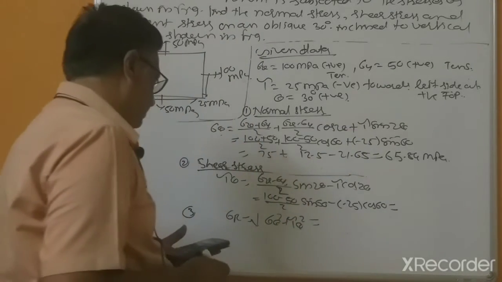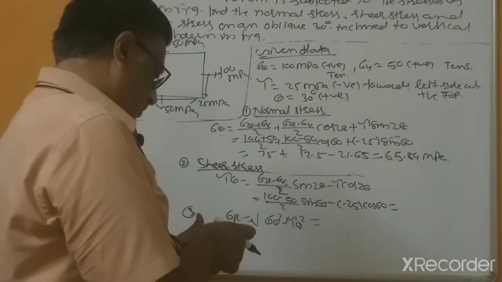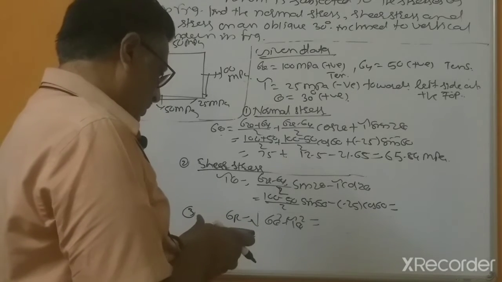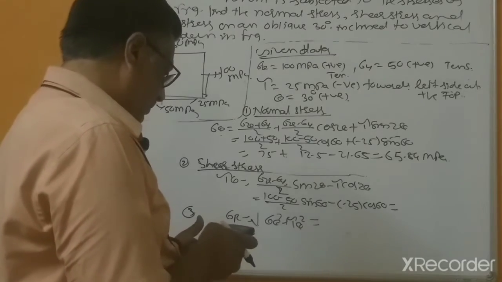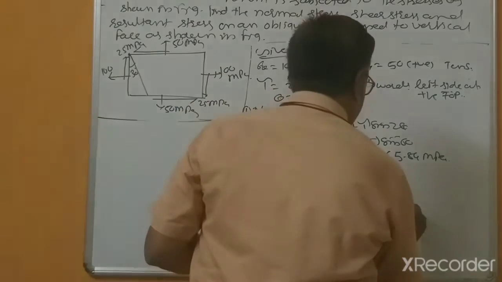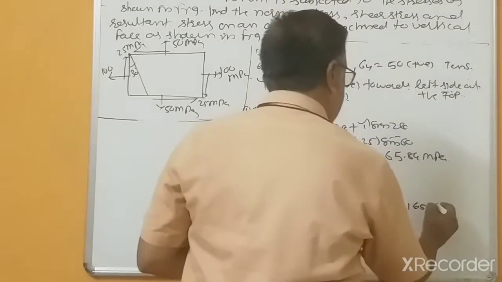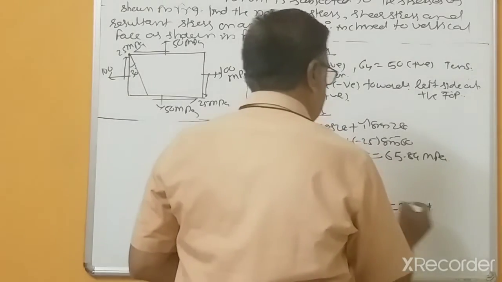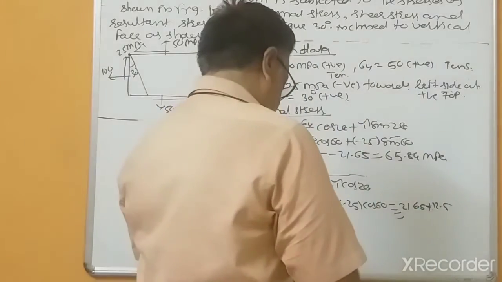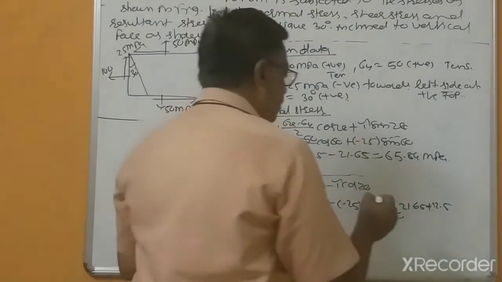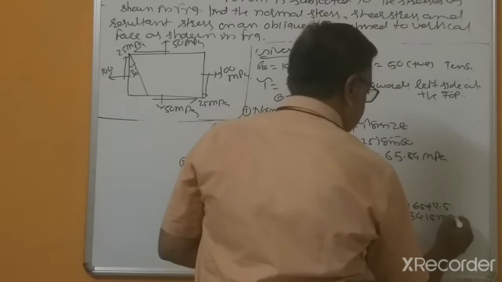This is equal to sin 60 multiplied by 25, so this is 21.65, and minus minus plus cos 60 means this is 12.5. So this is 31.15 megapascals.